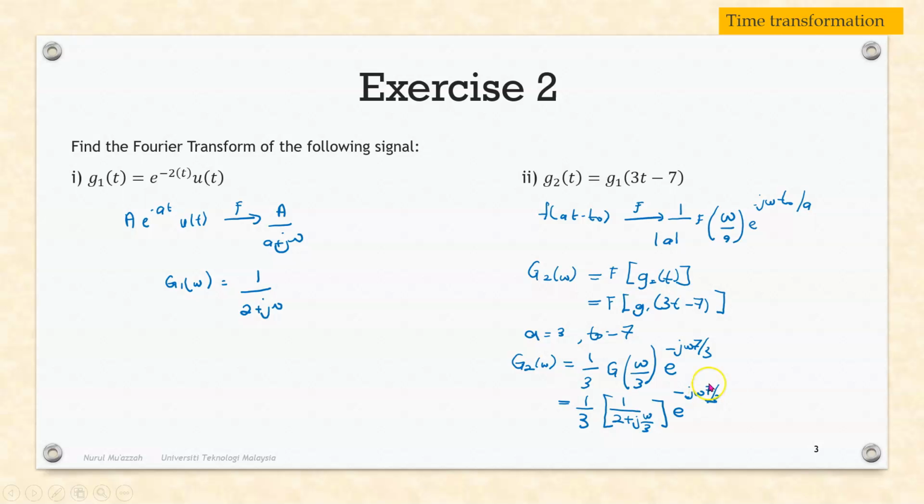Basically this omega you don't have to change to omega over 3, because you only have to change omega to omega over 3 for g1(omega), because g2(omega) is based on the Fourier transform of g1, which has been time transformed. So this is the answer for question 1, and also question 2.